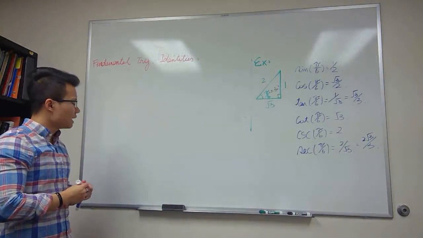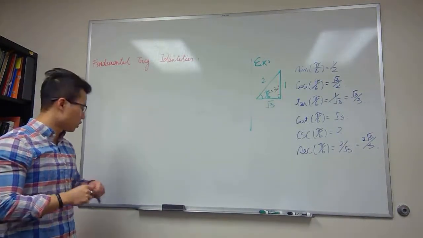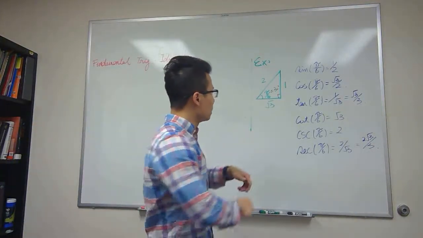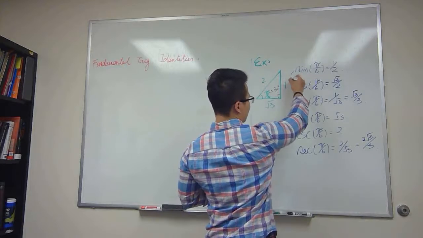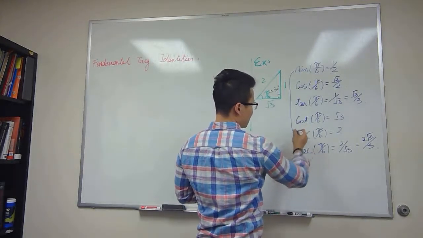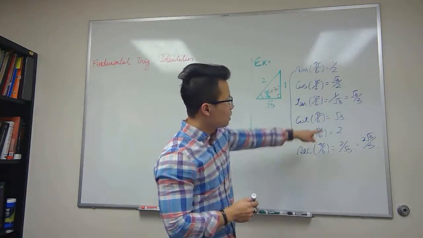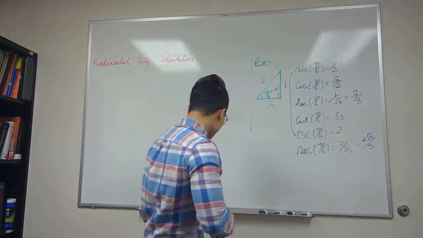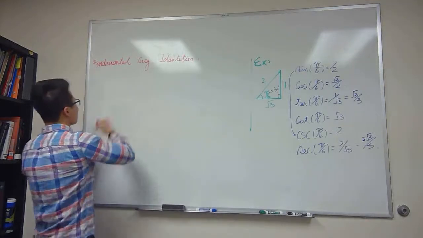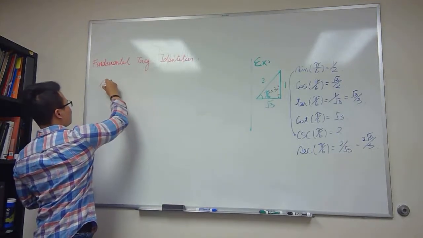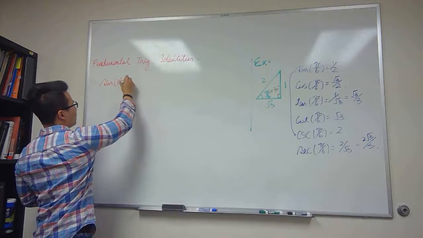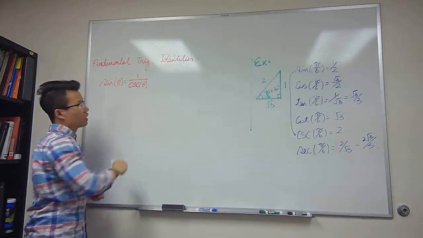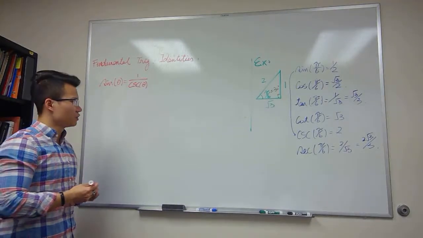Those trig identities are actually very interesting, because if you take a look at our examples here, if you look at sine compared to cosecant, the numbers are just reciprocals, right? That gives us the first trig identity: sine of theta equals 1 over cosecant of theta. They are reciprocals of each other.